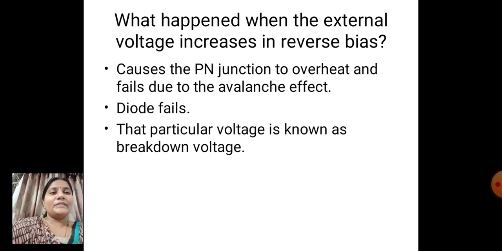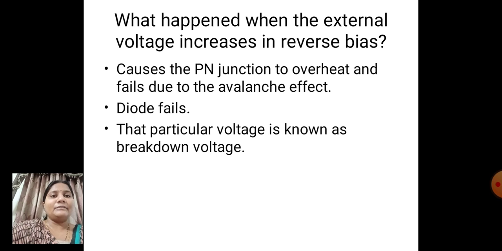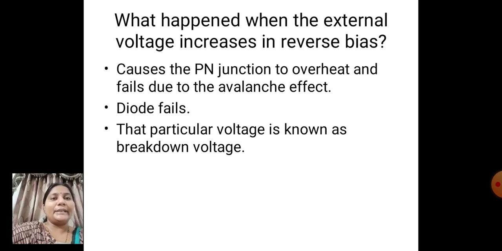The depletion region width will be still increased, and the PN junction diode will fail at some particular voltage. When I am still increasing the reverse voltage and it reaches the breakdown voltage, the diode fails.